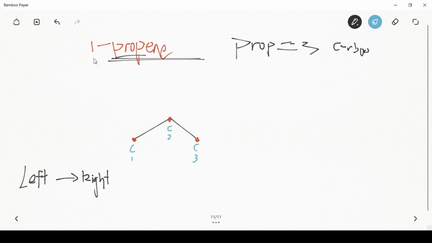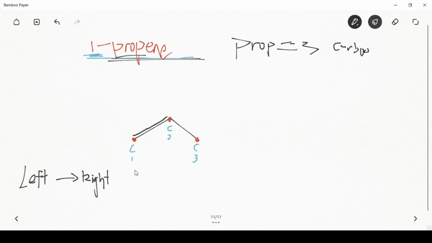The given here is 1-propene. The 1 is where you can find the double bond. So, this is carbon number 1, and it goes toward carbon number 2. So, the double bond is something like this.